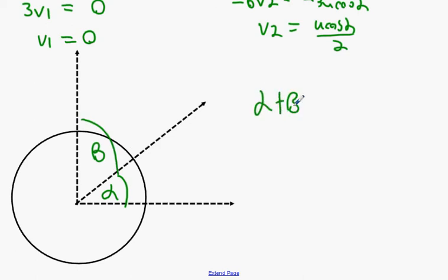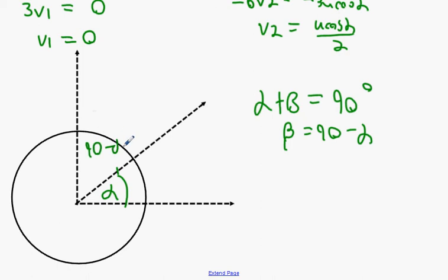Alpha plus beta equals 90. It wants me to keep things in terms of alpha, right? So beta equals 90 minus alpha, which we'll put in here. Everybody alright with that? So what is the angle of deflection, guys? Angle of deflection is 90 minus alpha.